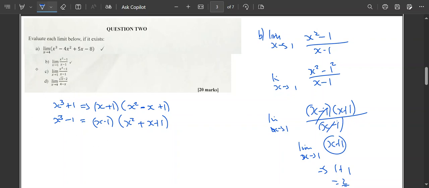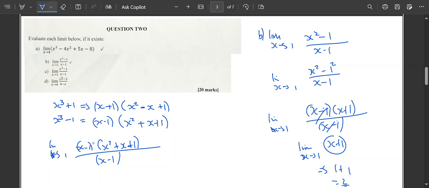All right, so now coming to this one, say lim as x approaches 1, then we have, meaning that we are selecting this one, x minus 1, then x squared plus x plus 1, over x minus 1.